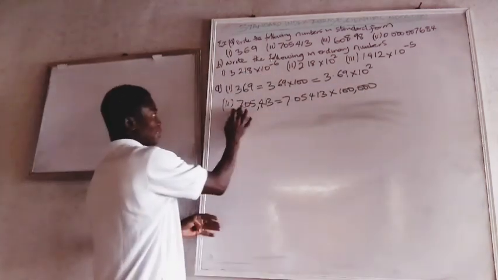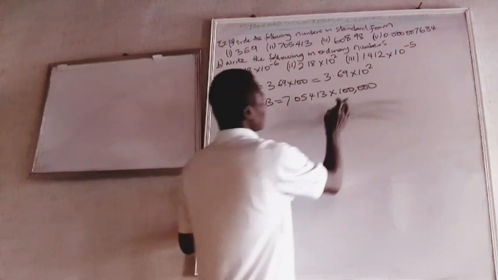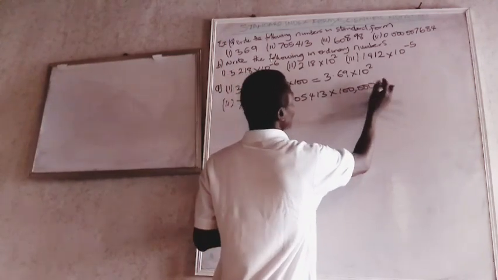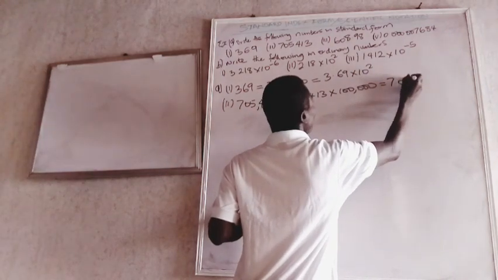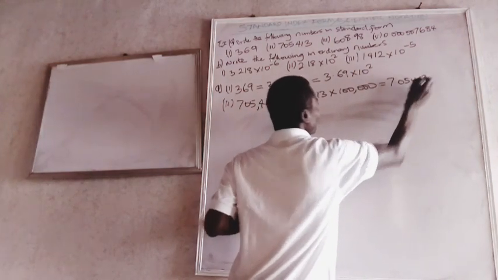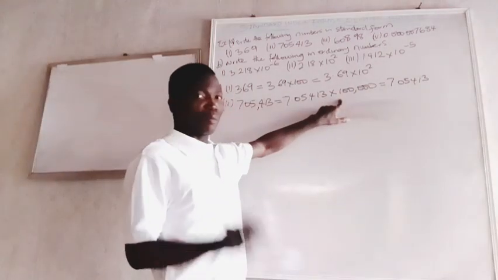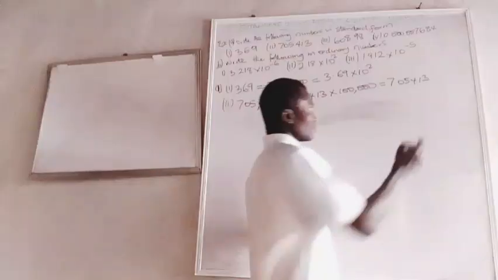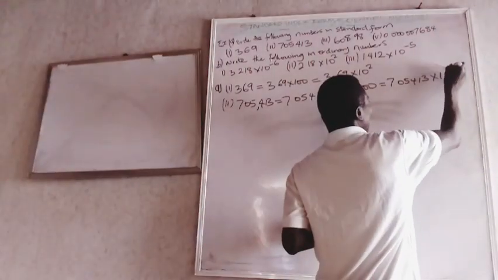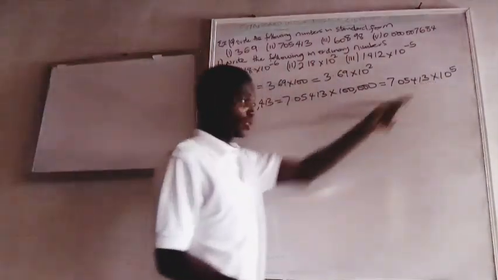You can see if you count: 1, 2, 3, 4, 5, 6. I counted 6 numbers. But now, how many zeros are we having? We are going to have 1, 2, 3, 4, 5. So, times 10 raised to the power 5.